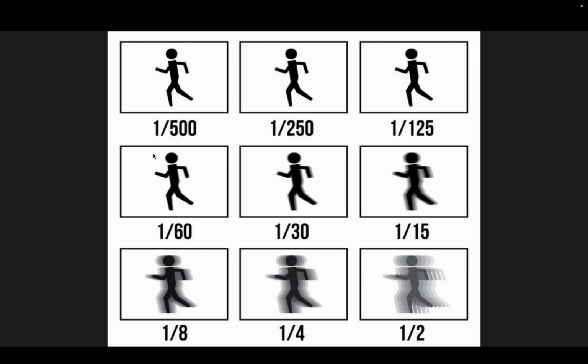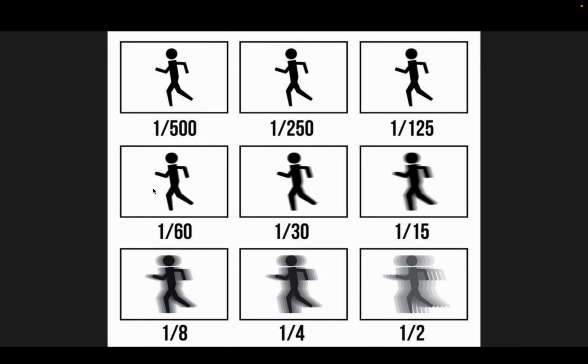At a 60th of a second, this was taught to me and might have changed today, you should be able to click your shutter holding it in your hands, without a tripod, taking a photo of someone, and freeze the motion at a 60th of a second handheld. But obviously, going above that is great.